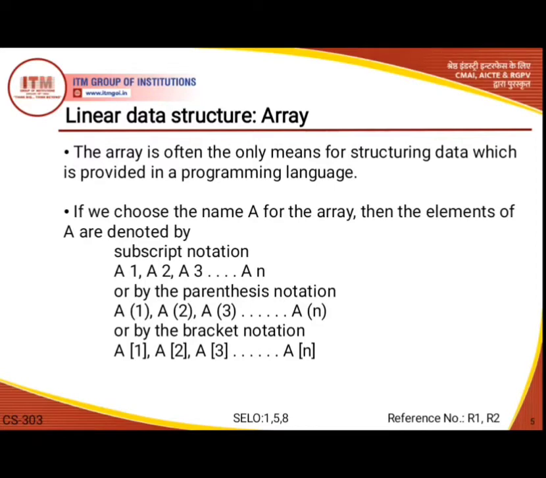An array size is fixed and therefore requires a fixed number of memory locations, and it is a list of a finite number n of similar data referenced respectively by a set of n consecutive numbers, usually represented as 1, 2, 3 till n. And if we choose the name A, then the representation is just like this, which I already mentioned. Okay, now moving ahead.